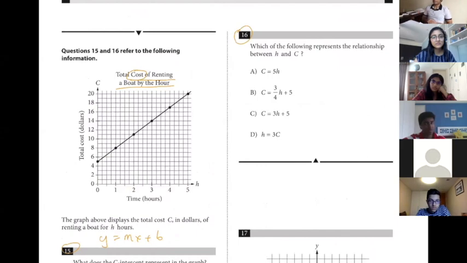Yep, this one. Remember, this is a misunderstood axis question.